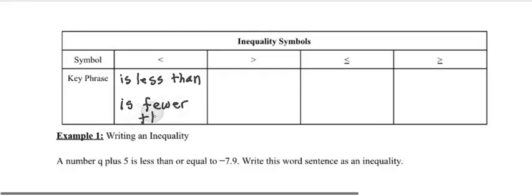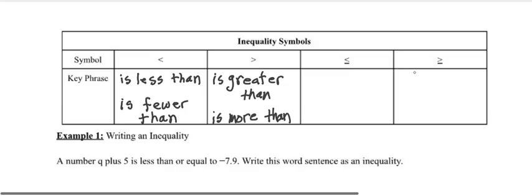That's another way you'll see that expressed. Now, what is this symbol right here? Greater than. So that's "is greater than," or another way you might see it is "more than."